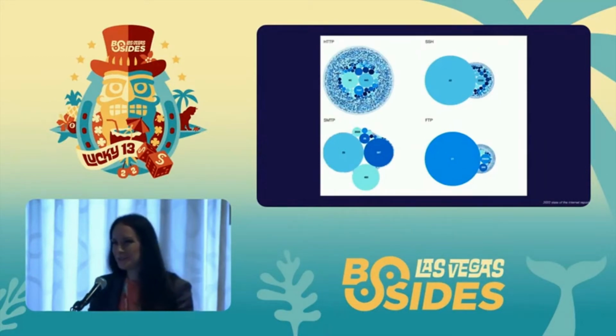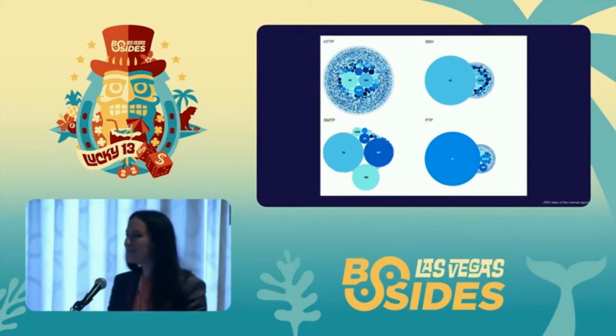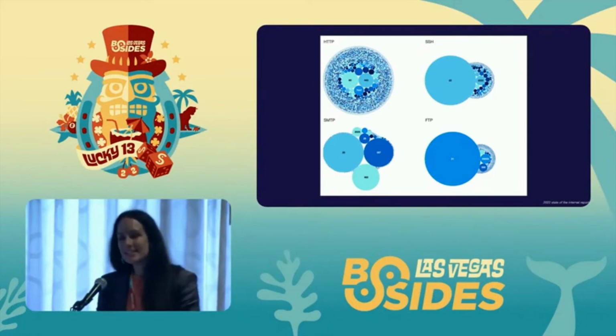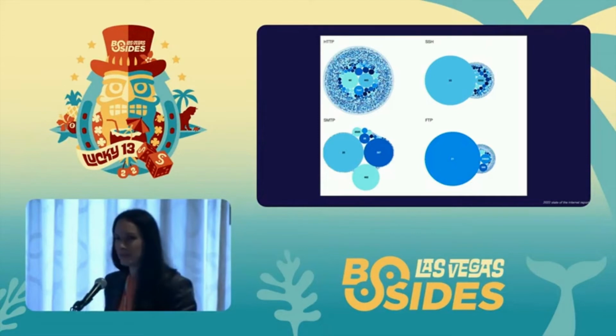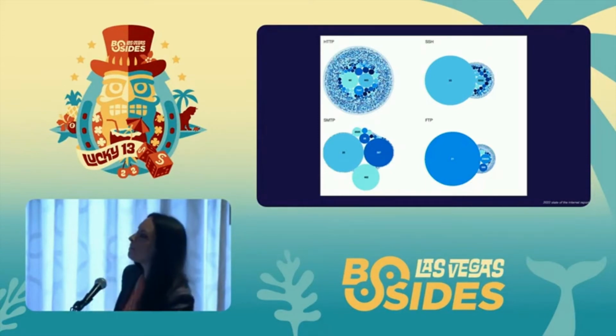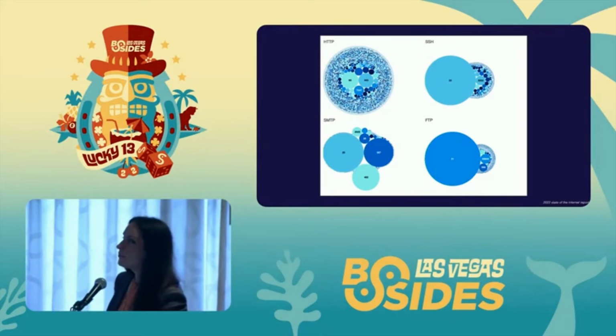I hesitated with whether to share this set of graphs, because it doesn't tell you anything quantitatively about these different services. Just to orient you, for each of these, for instance, we'll look at SSH. This large bubble represents the proportion of SSH services that we see on port 22.